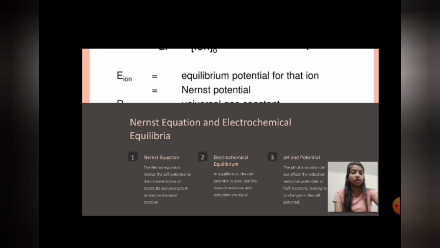At electrochemical equilibrium, the cell potential is zero and the rates of oxidation and reduction are equal. pH and potential. The pH of a solution can affect the reduction potentials of half reactions, leading to changes in the cell potential.